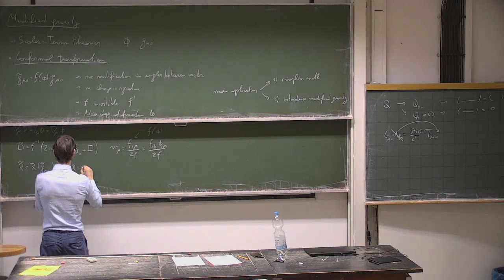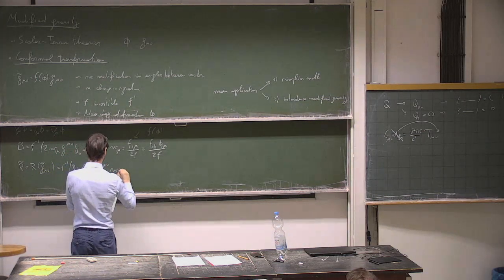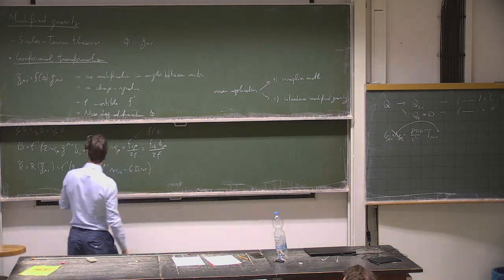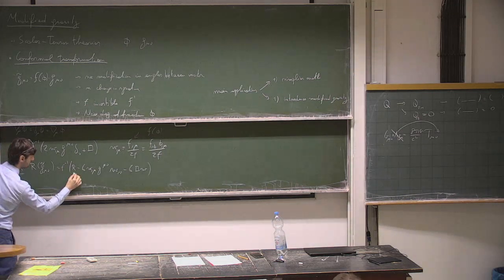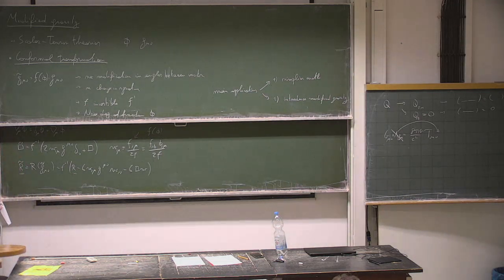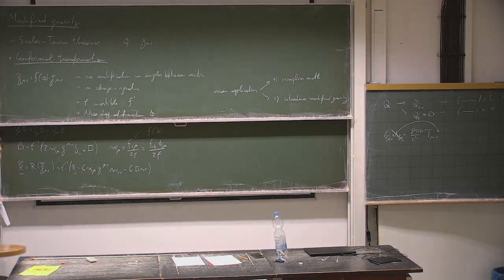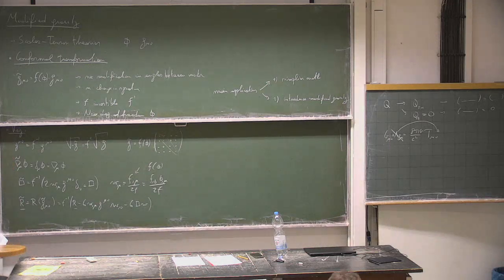We arrive at this expression. And you see that the Ricci tensor in a conformally transformed metric is related to the Ricci tensor of the original metric with these additional terms. So again, just brute force to derive these quantities.